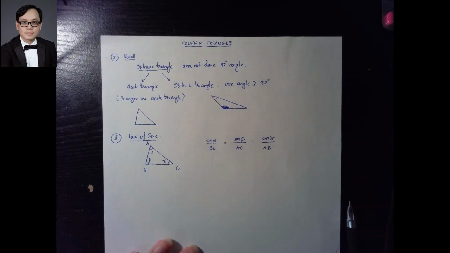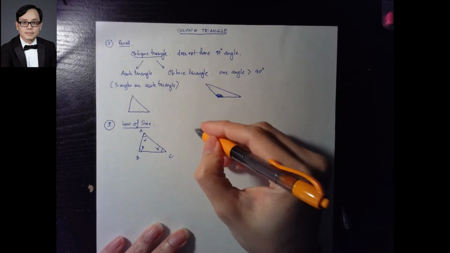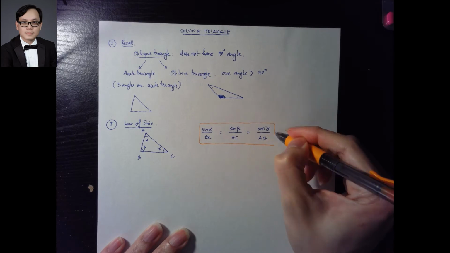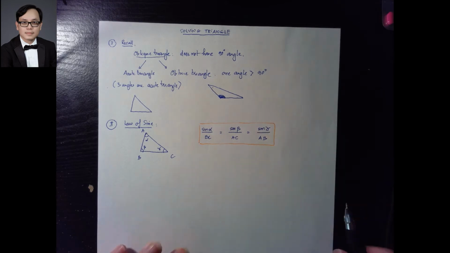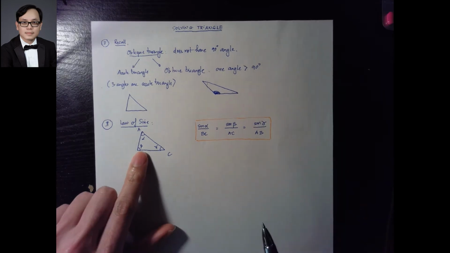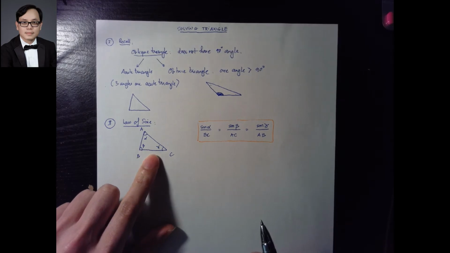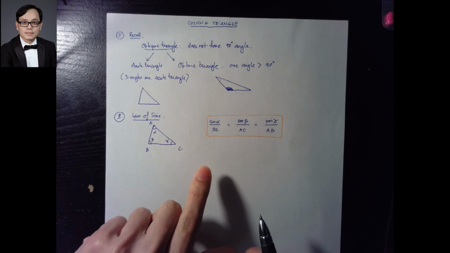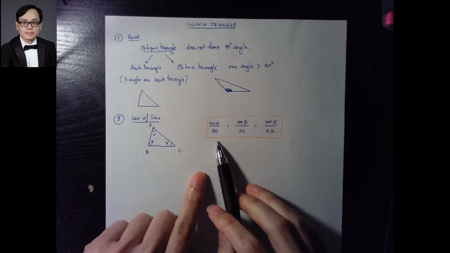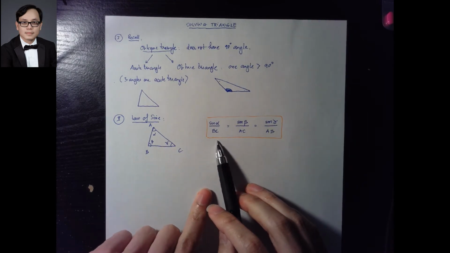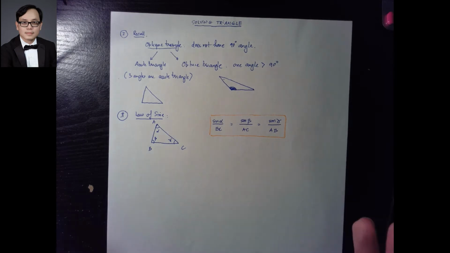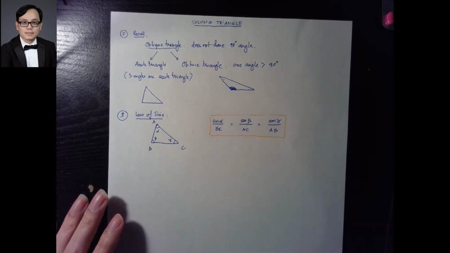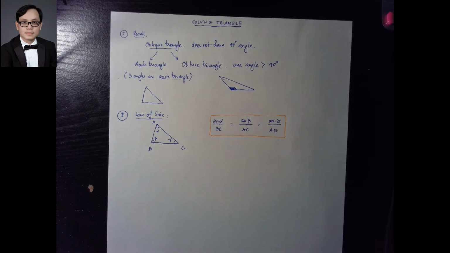You have to memorize this formula. Remember, the law of sines only works when you have an oblique triangle, which is the acute or obtuse triangle. You shouldn't use this when you have a right triangle. Well, it also works, but for the right triangle we just use trigonometric ratios.